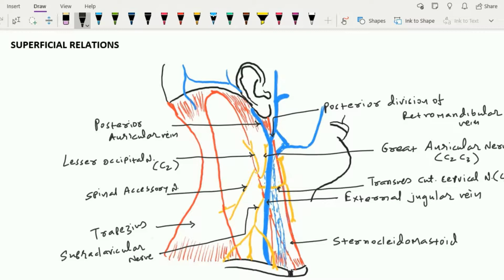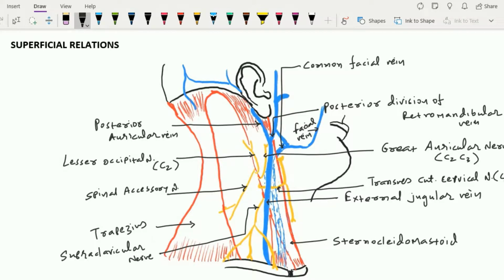the lateral supraclavicular nerves. When we see the anterior relation of the sternocleidomastoid muscle, we find this important vein, the common facial vein, which is going to be formed by the anterior division of the retromandibular vein with the facial vein.